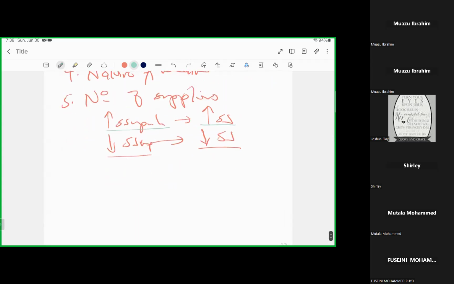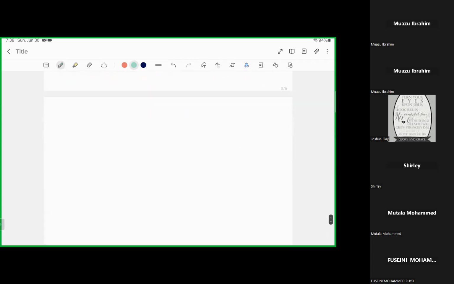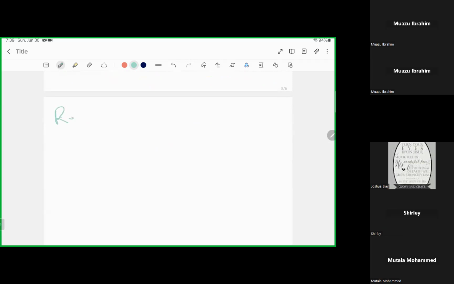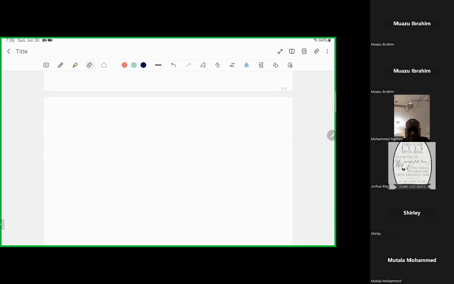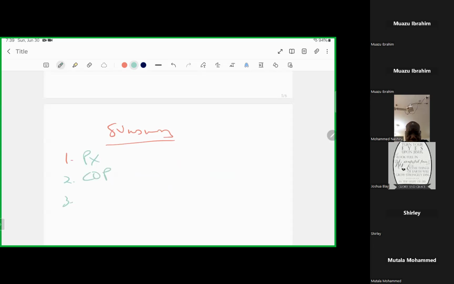So now, just to give you a summary of what we've done so far, we are looking at the determinants. First, we said we are looking at the price of the good as a factor. We are also looking at the cost of production. We also talked about expectations as a factor.